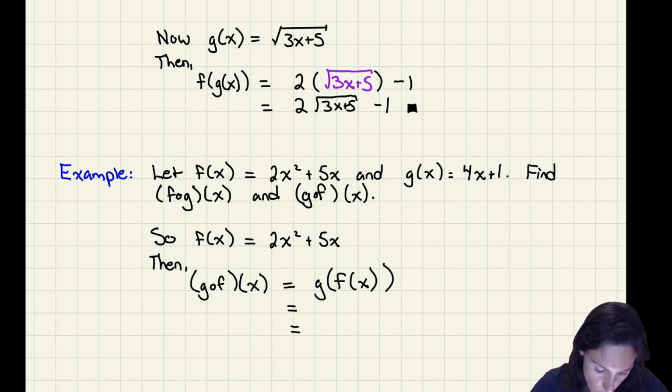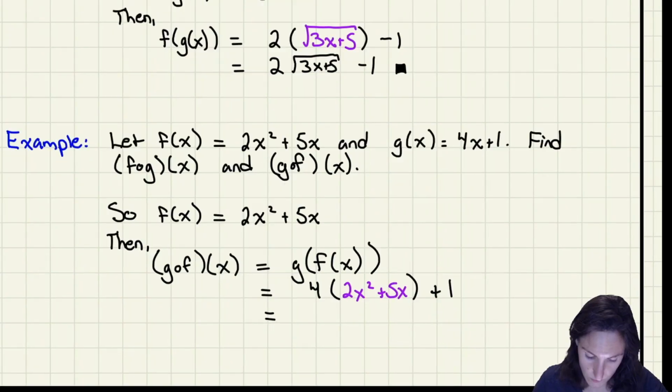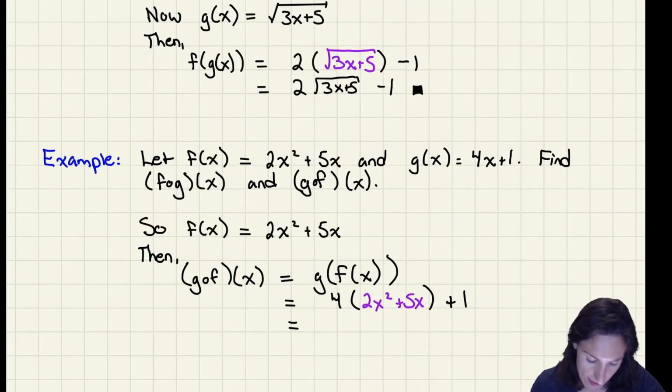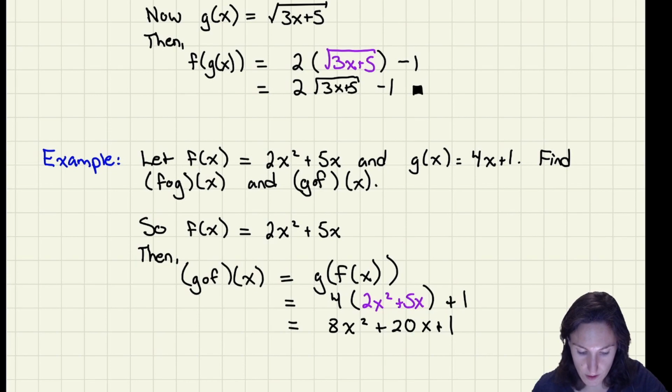Okay, so we're going to have 4 times our f of x. So that's 2x squared plus 5x, and then we still have this plus 1 here. Okay, so if we expand that, I'm going to get 8x squared plus 20x plus 1.